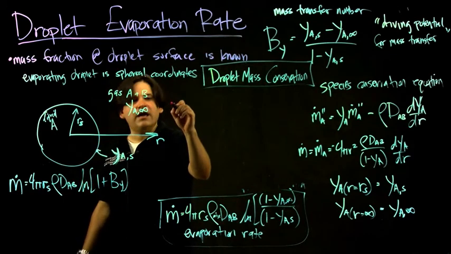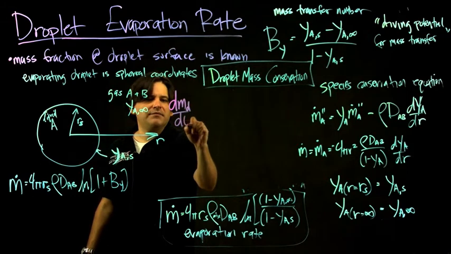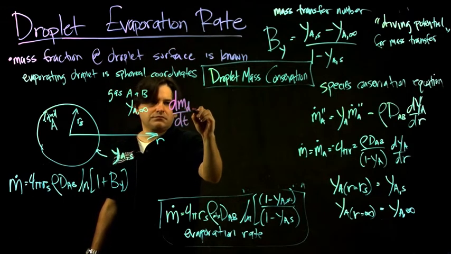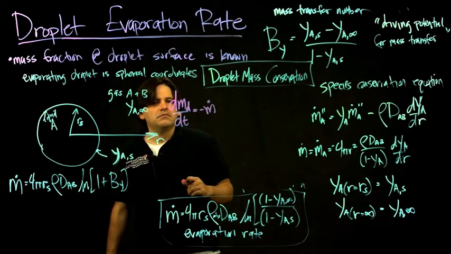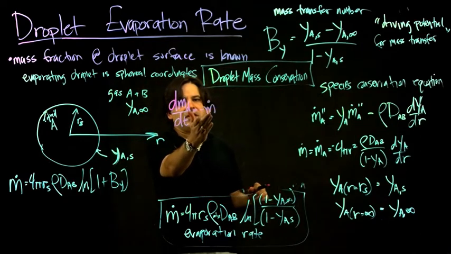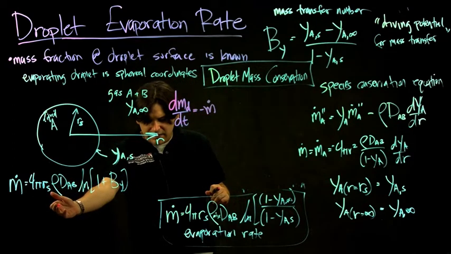What it's saying is that the change in mass of the droplet with time is the evaporation rate. You're going to deplete the mass according to the evaporation rate. That's the starting point.